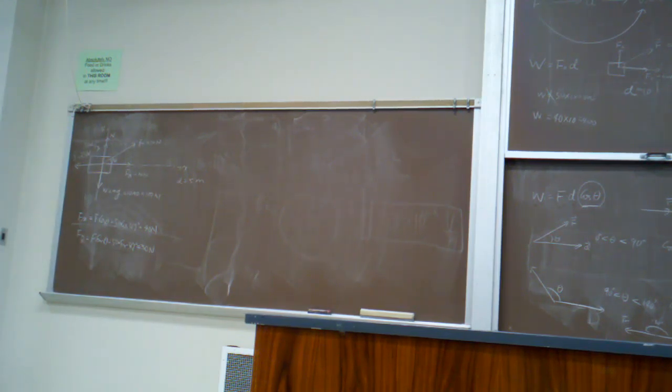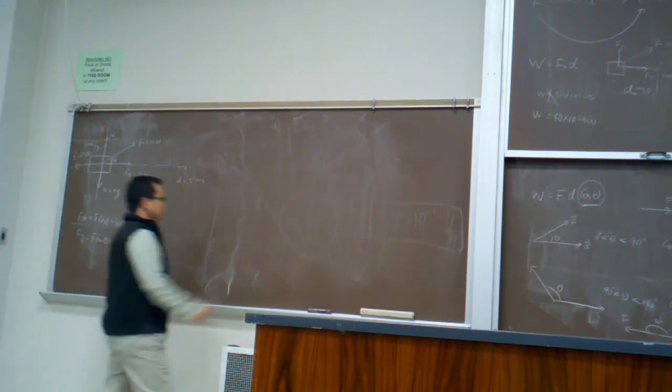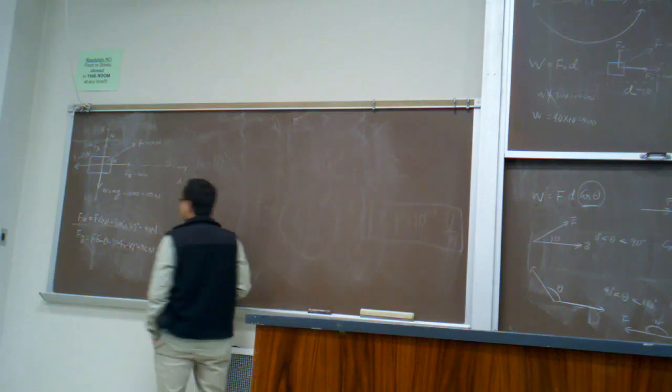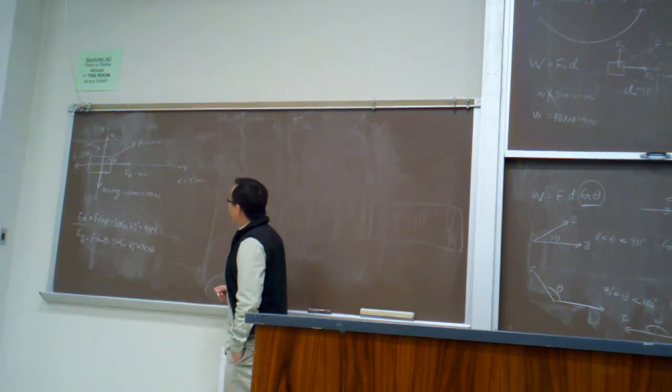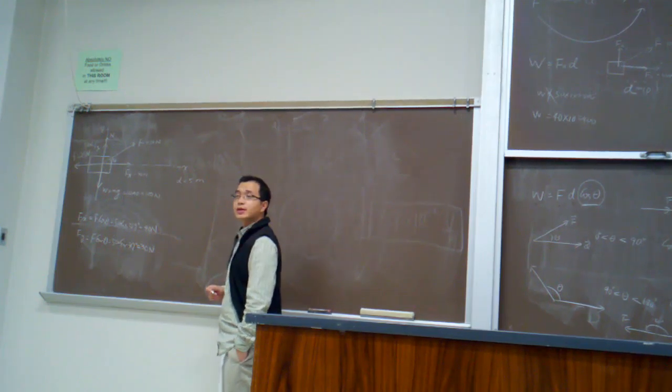Now, if we try to calculate the net force, we have to use vector addition, right? Remember how we do that? The next step is that you have these forces, and you write down all the x and y components.